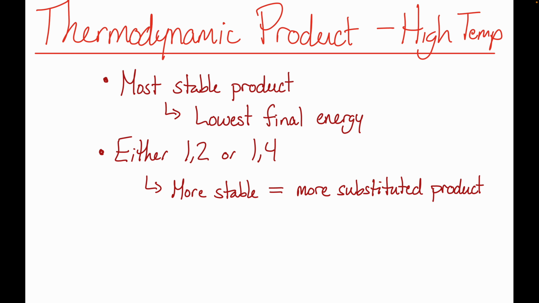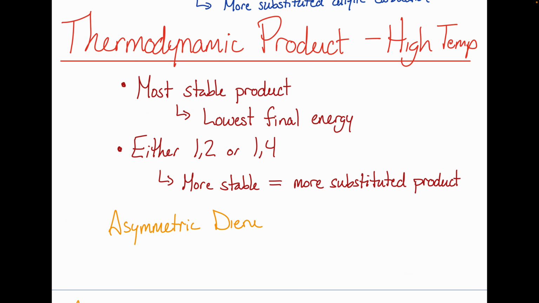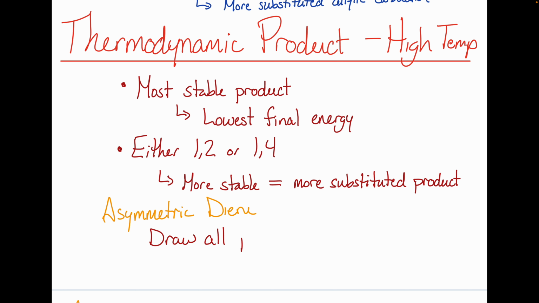But just to finish off our notes here, if we have an asymmetric diene and we're looking for our thermodynamic product, like we said, it could be either 1,2 or 1,4, meaning we have to just draw all of our possible products and determine which one is more stable based on degree of substitution.